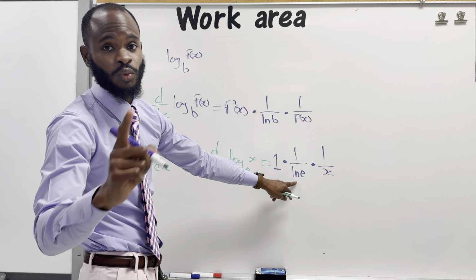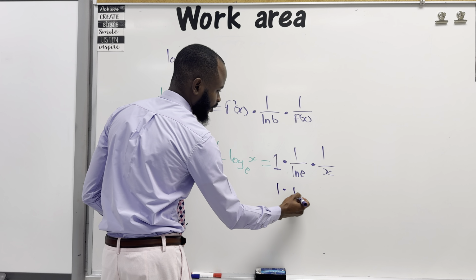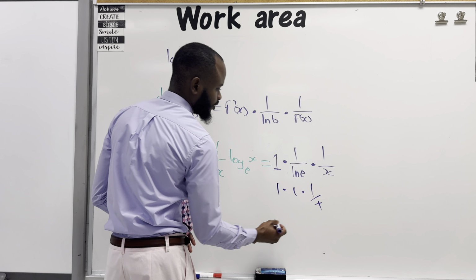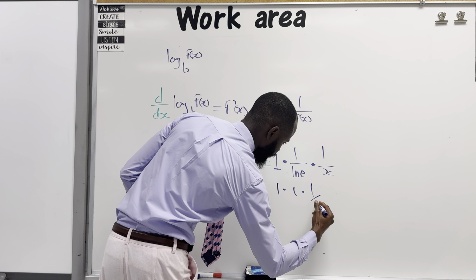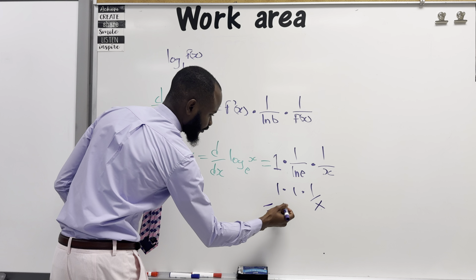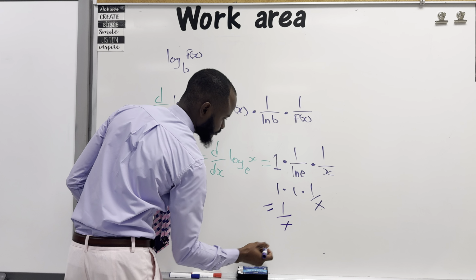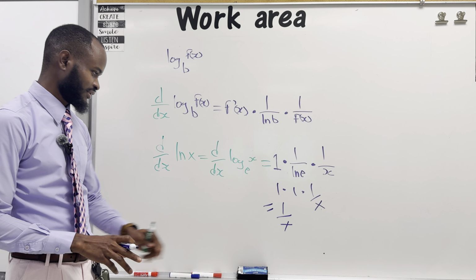But ln e is 1, so 1 over 1 is just 1 all the same. So that's 1 times 1 times 1 over x, which is just equal to 1 over x. And that is why the derivative of ln x is 1 over x.